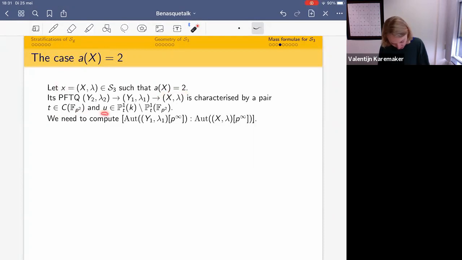And u is not defined over Fp squared, because then we would actually have a number 3. So you can show this is the pair t comma u that we need right now. We also saw that the minimal isogeny was just this first part. And so the comparison factor that we need to compute is the automorphisms for x inside those of y1.